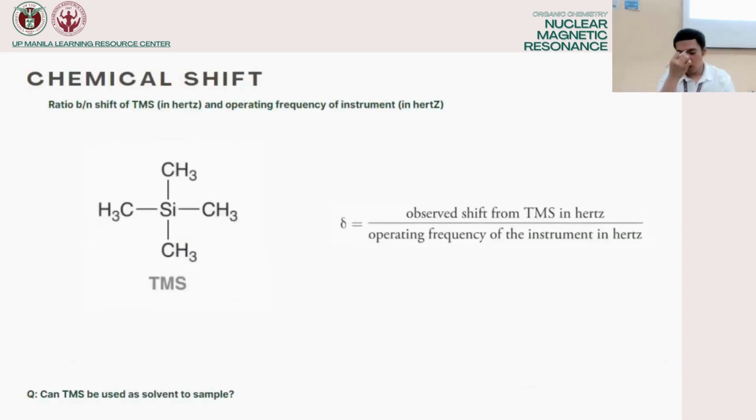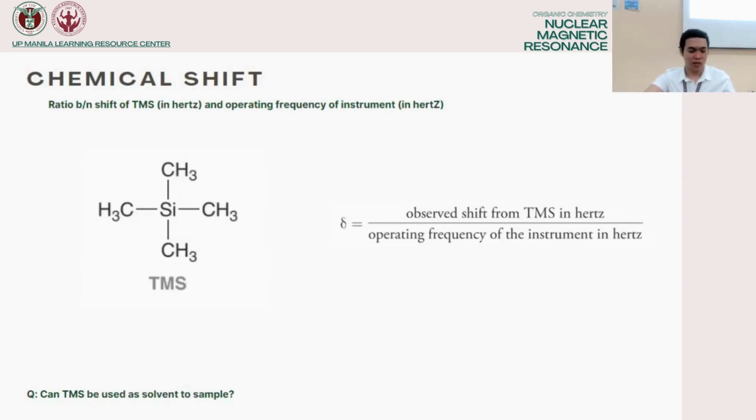So, ano pong relevance na itong chemical shift? Oh, before we go there, can we use TMS as solvent? Yes or no? Pwede ba natin siyang gamitin? Kunyari, gusto ko siyang gamitin for NMR as solvent.